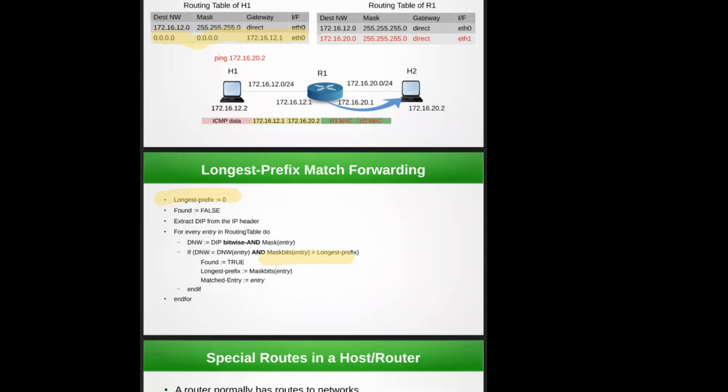For every entry in the routing table, if there is a match between the destination network of the entry and the destination network you get by bitwise ANDing the mask and the IP address, you also check whether the number of mask bits in the entry is greater than the longest prefix you have found so far. If it is, then use this entry.